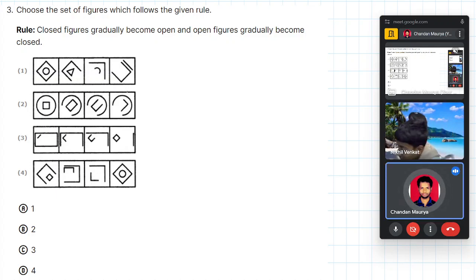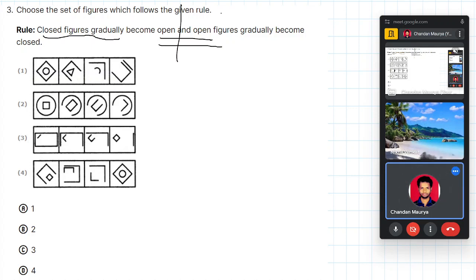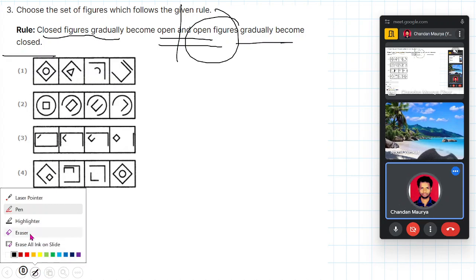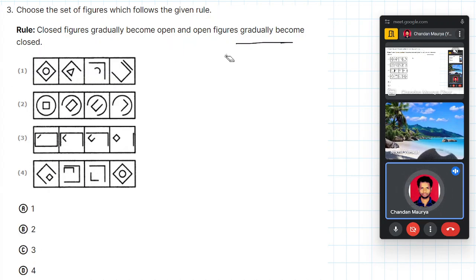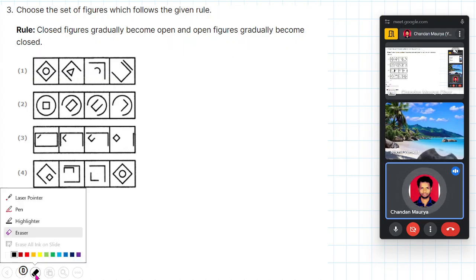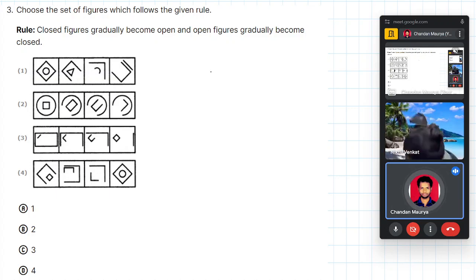Let's talk about question number three, sir. What do I have? Closed figures gradually become open and open figures gradually become closed. All right, sir. This is the same as the first one, you can say. No, in my lecture, one advantage will be there.